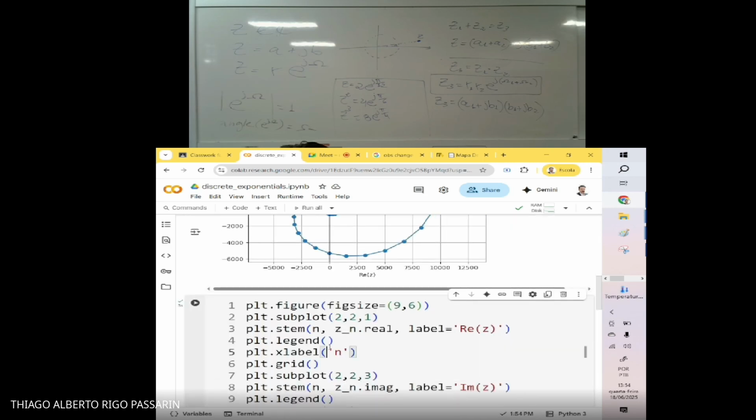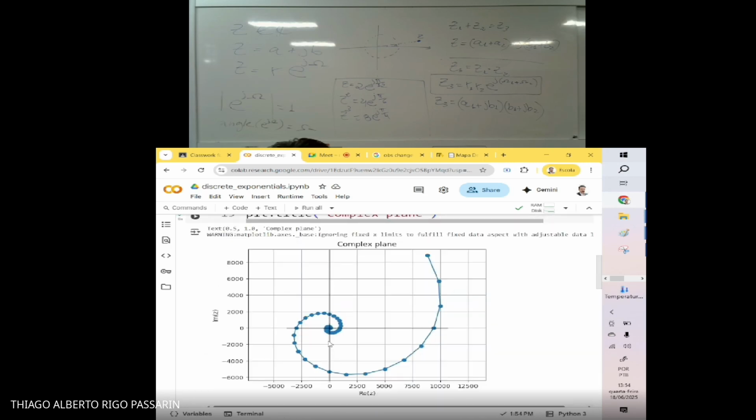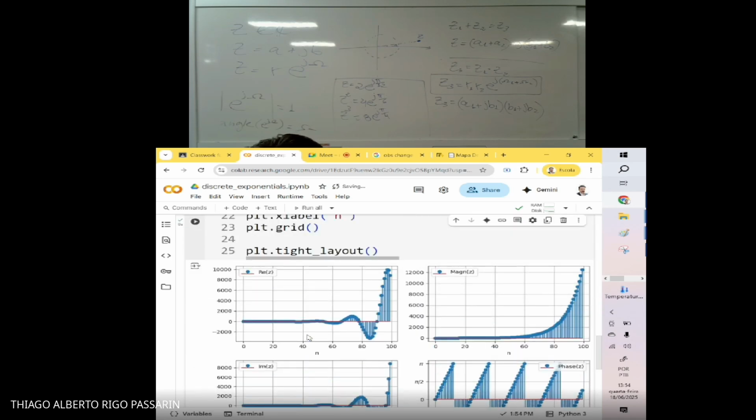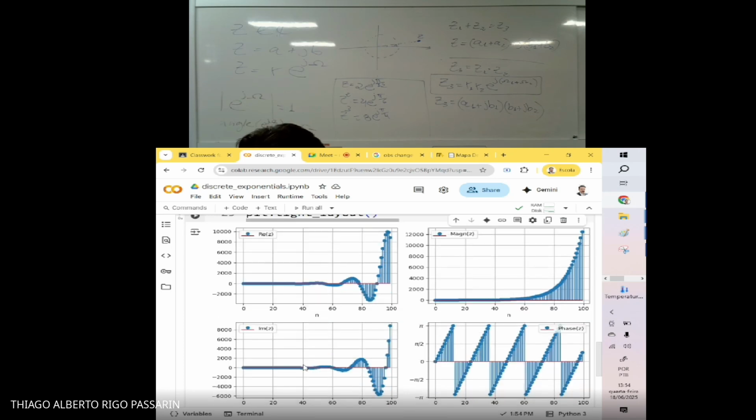Here below, I have another script where I take all these points and I plot them as a time series. Here I have the real part of the signal z of n, the imaginary part, the magnitude, and the angle.